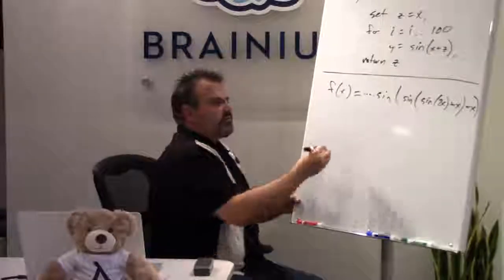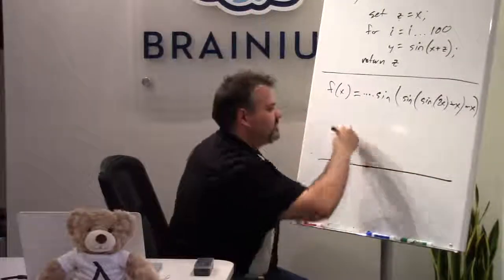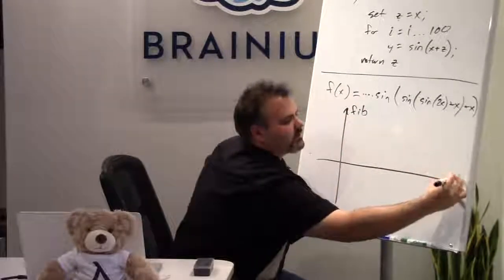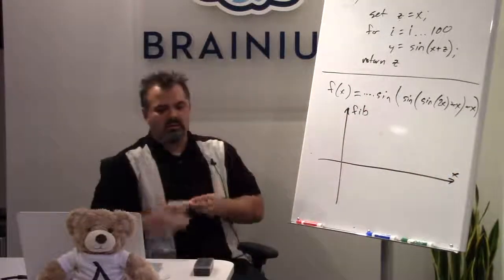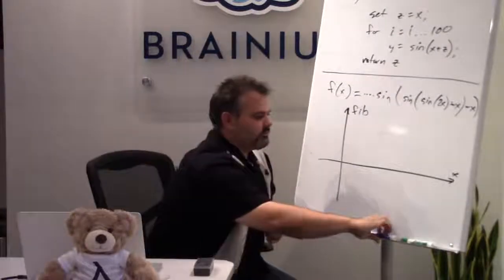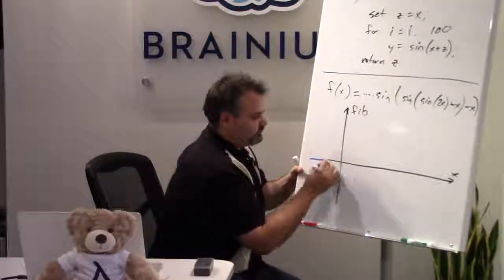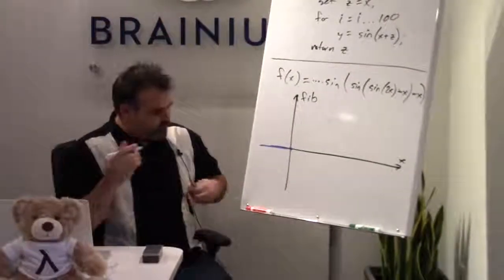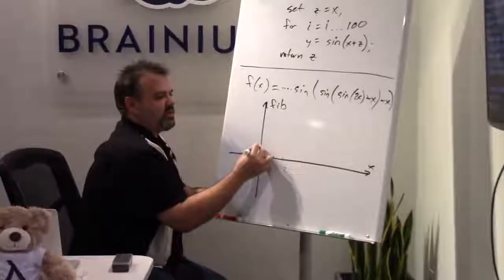So we want to actually graph my fib function. It looks something like this. Below 0, it's just 0. From 0 to 2 is x.